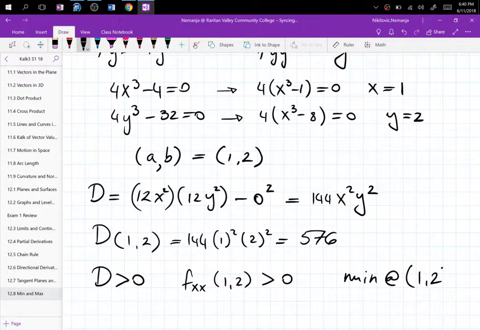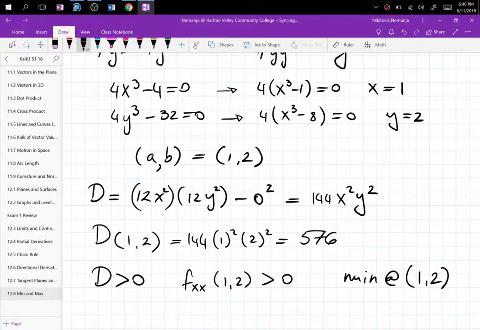Now, please pay attention to my answer. I said minimum at 1, 2. I didn't say minimum is 1, 2. So what's the issue? Why am I saying minimum at rather than minimum is? There's no z. I didn't compute what the minimum is.